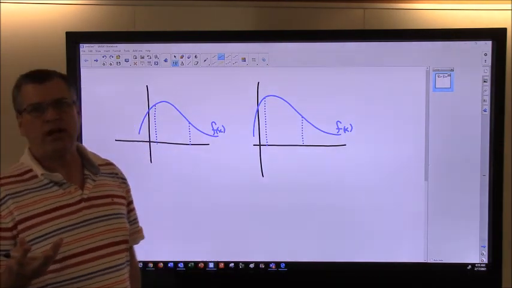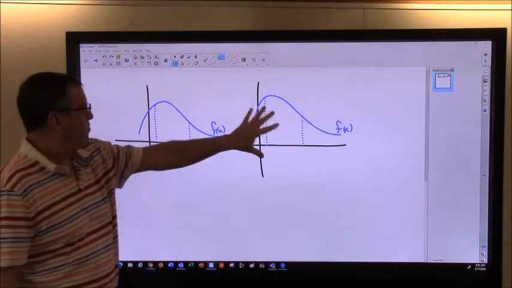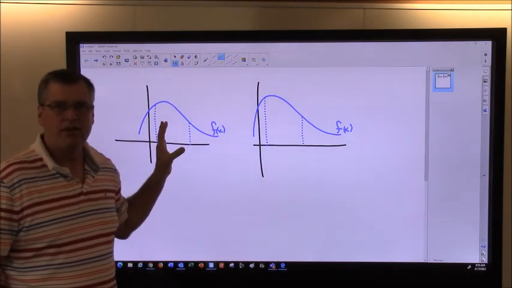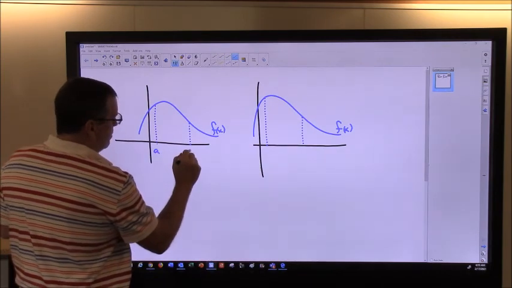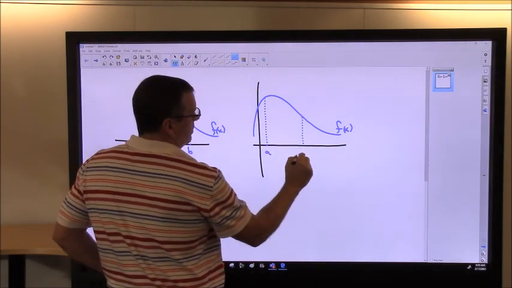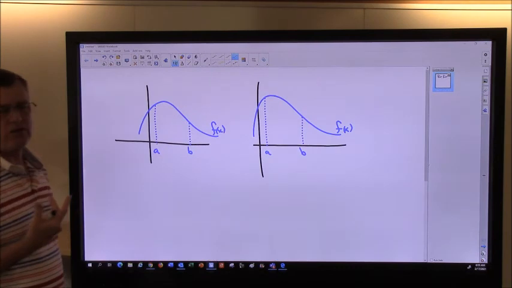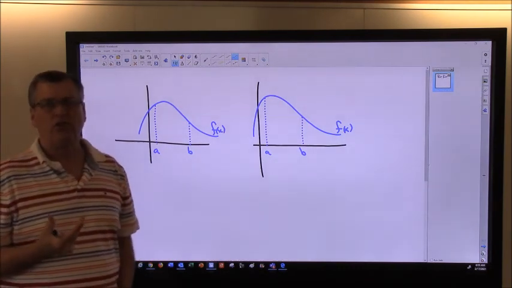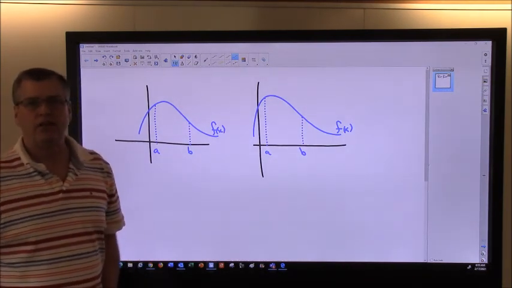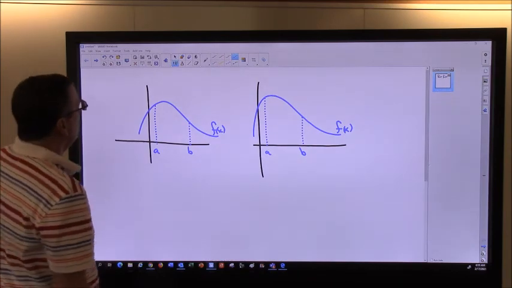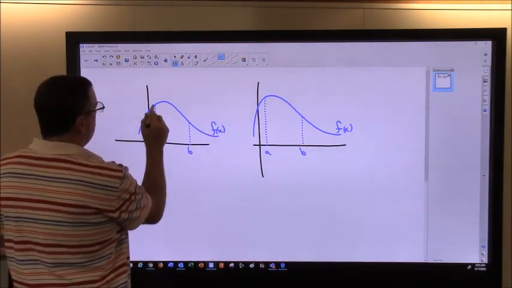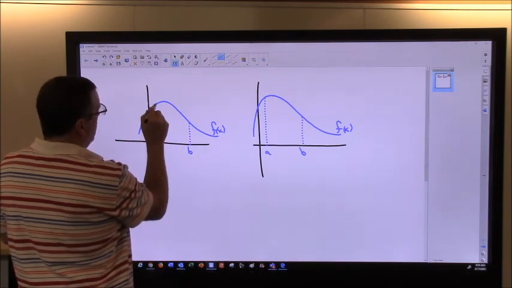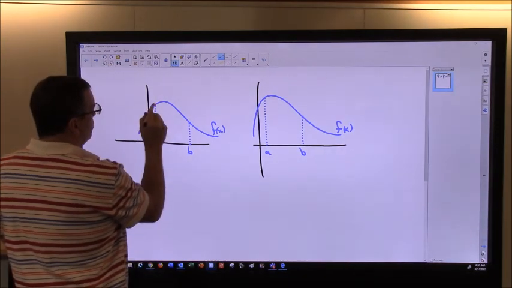So one of the things we've been talking about is, and these are both the same function, okay? I'm trying to find the area from A to B on both of these. And what we've talked about is using the idea of rectangles to find that area. If I was to do left sums, I'll make the left side of the rectangle touch the curve.